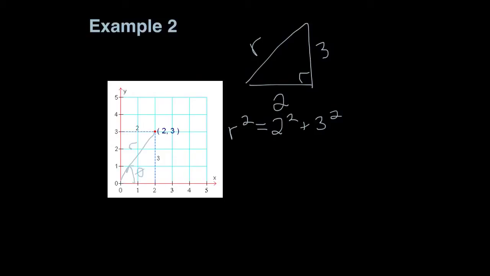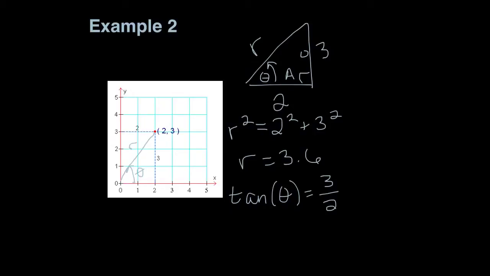Once you solve that, we get r is equal to 3.6. And then we need to figure out what theta is. So since we have the opposite and the adjacent, I'm going to set up the fact that the tangent of theta is equal to 3 over 2, which means I'll take the inverse tangent, plug that into the calculator, and we get an angle of 56.3.